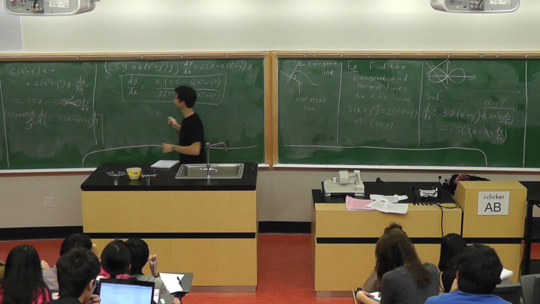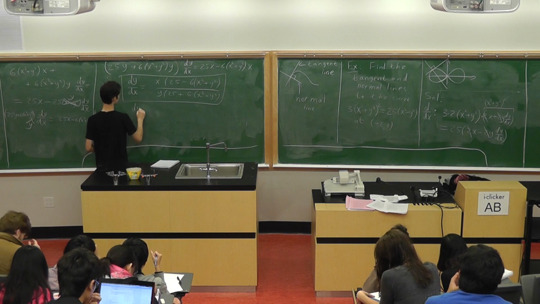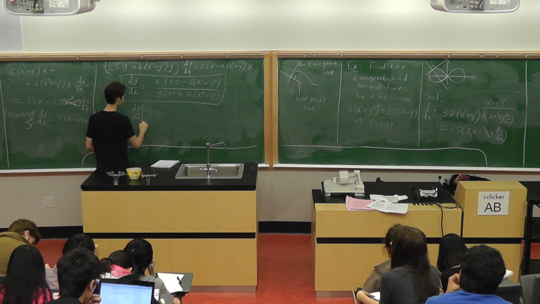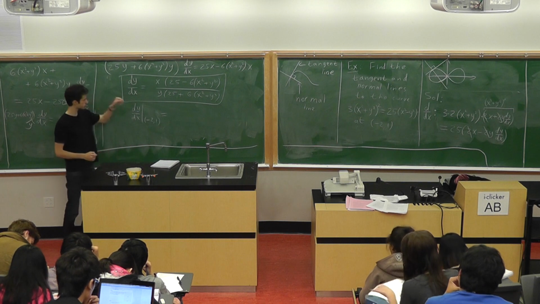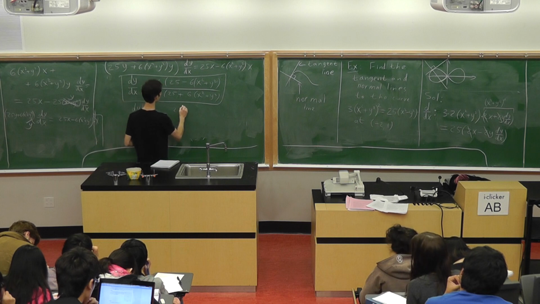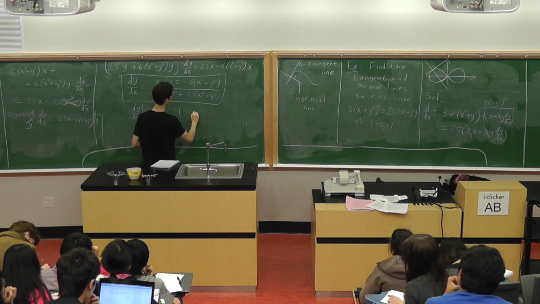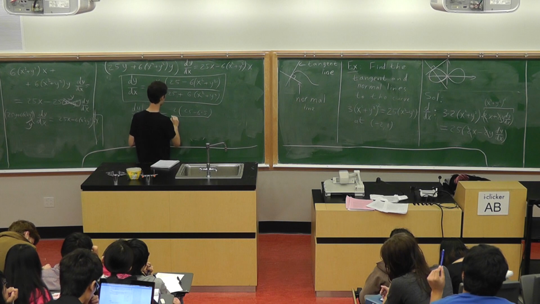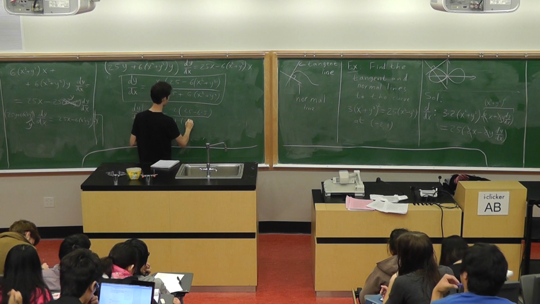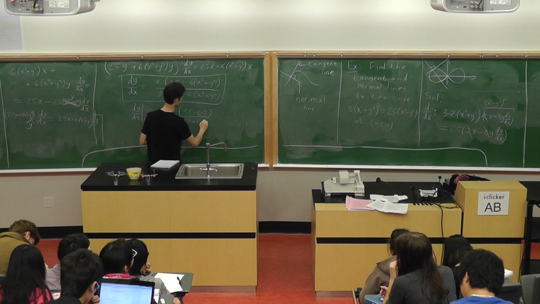Now we can plug in the number. dy by dx, when x is negative 2 and y is equal to 1, is negative 2 times 25 minus 6 times 5, divided by 1 times 25 plus 6 times 5.